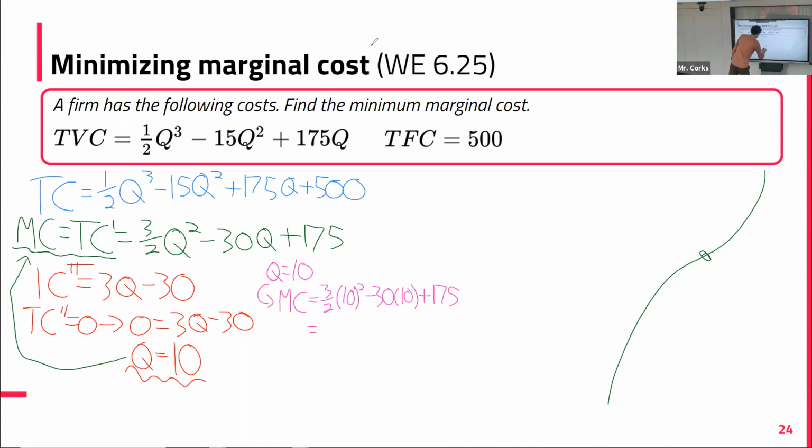And I worked it out to 25. So 150 minus 300 plus 150 plus 25, so just 25. So here's the location of our minimum marginal cost, and here's the actual minimum marginal cost.